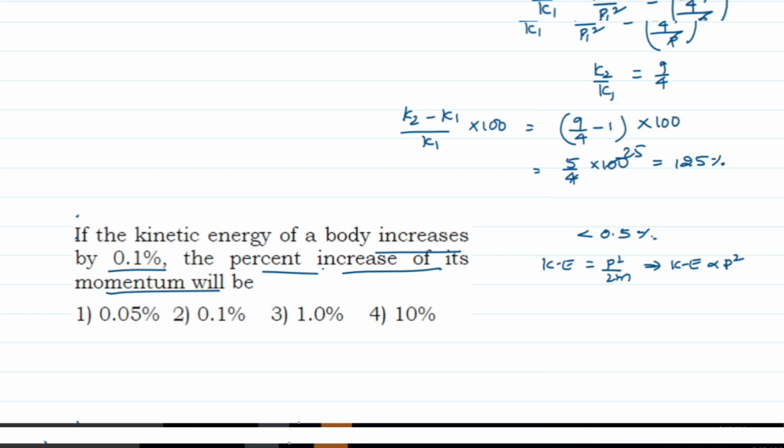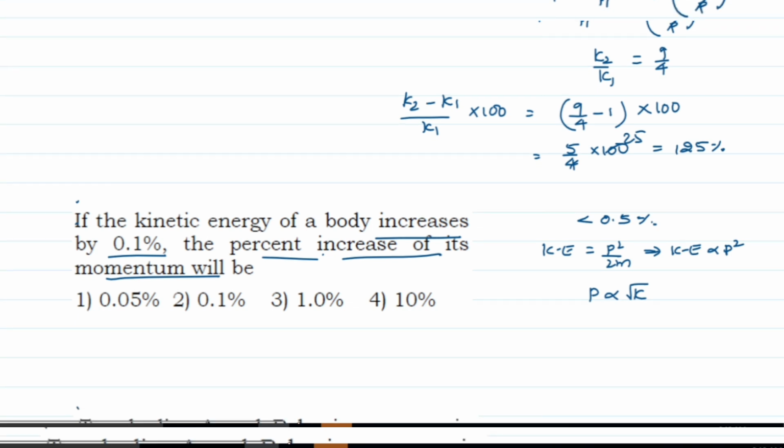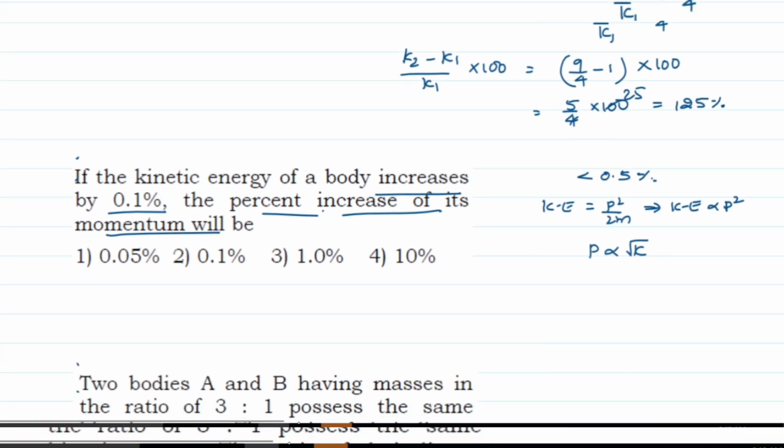Then momentum is directly proportional to root over K. So here delta P by P into 100, for less than 0.5 percentage, this is the procedure you have to follow. Delta P by P into 100, this becomes K power 1 by 2, so you can take 1 by 2 into delta K by K into 100.